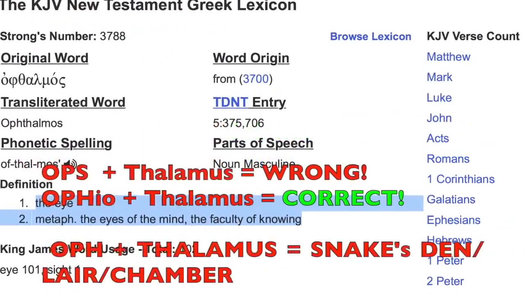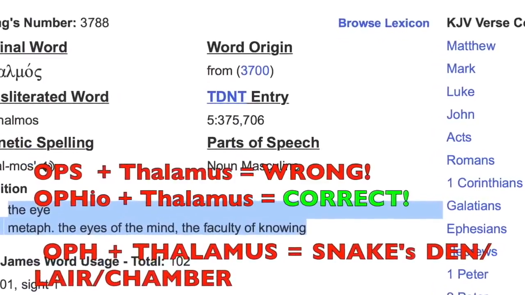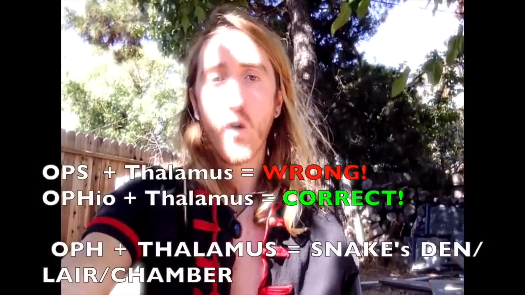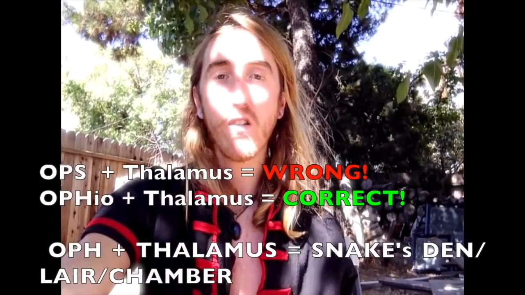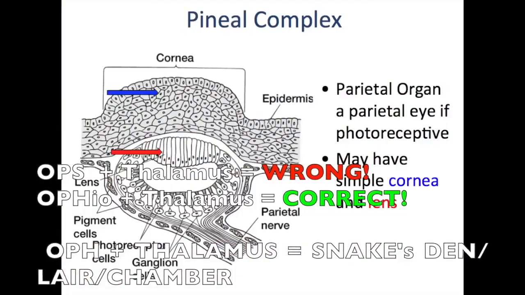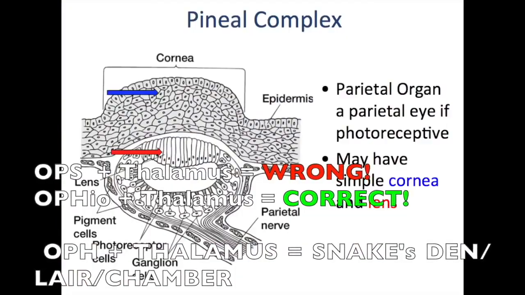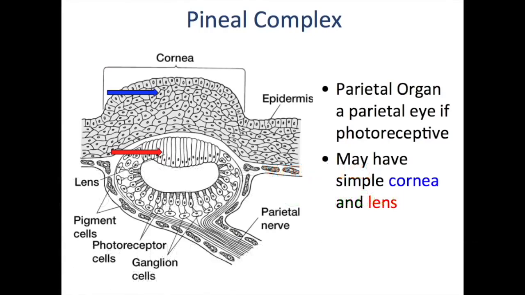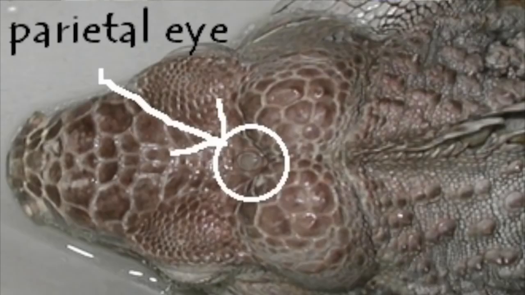It's ophi-thalmos, not op-thalmos. From the point of view of biological evolution, the pineal gland represents a kind of atrophied photoreceptor, which means a receiver of light. In the epithalamus of some species of amphibians and reptiles, such as snakes, it's linked to a vestigial organ known as the parietal eye.